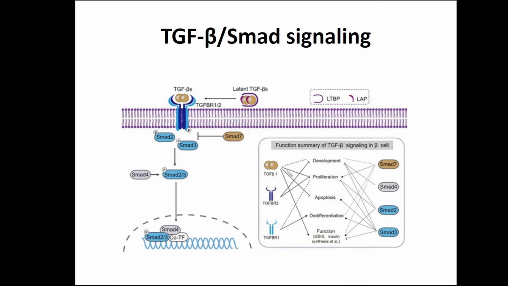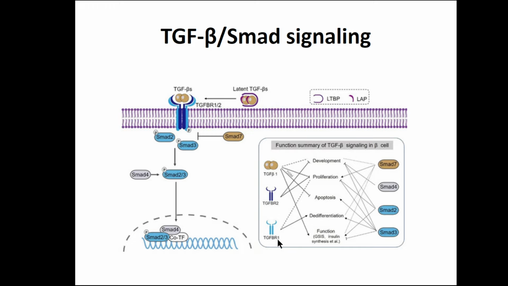They have different effects and can make different biological functions. For example, receptor second type can block development and block proliferation. So if we activate this receptor, we will not have development or proliferation.